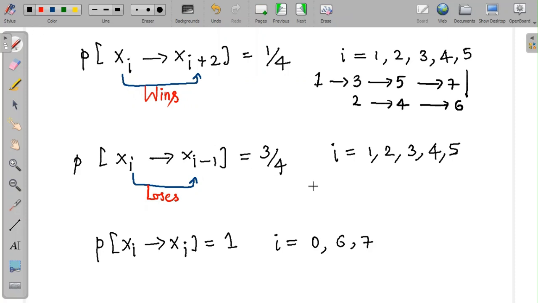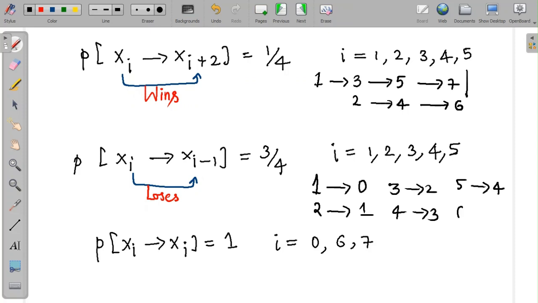And this is obtained when the states are again 1, 2, 3, 4, 5. Because if he is at 1 rupee, he will lose that rupee and go to 0. If he is at 2, he'll go to 1. If he is at 3, he'll go to 2. If he is at 4, he'll go to 3. If he is at 5, he'll go to 4.